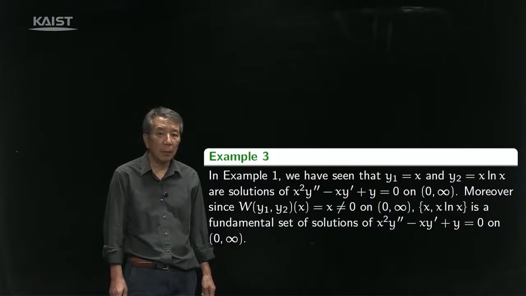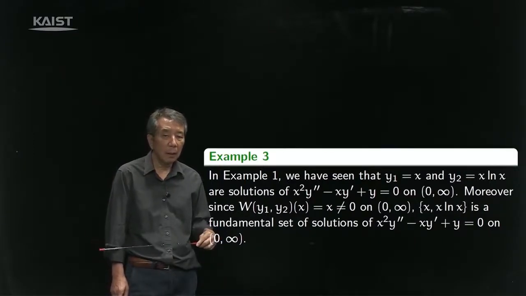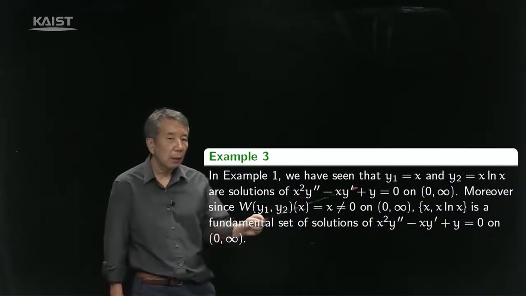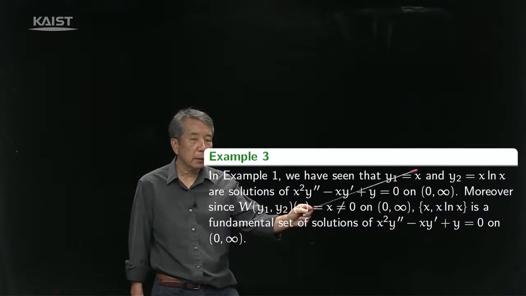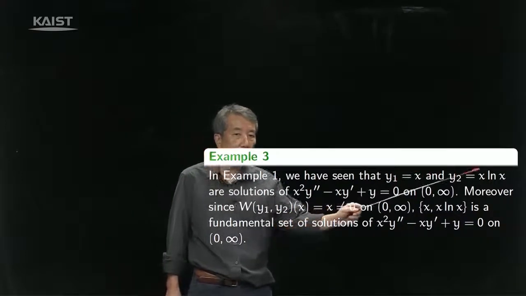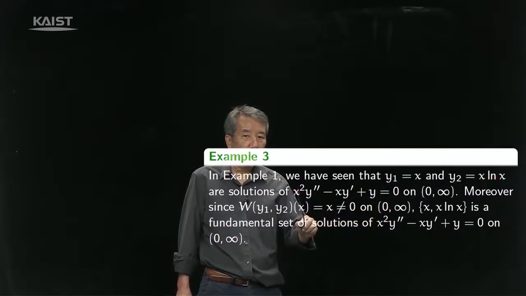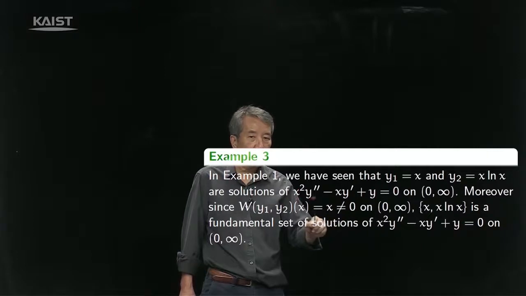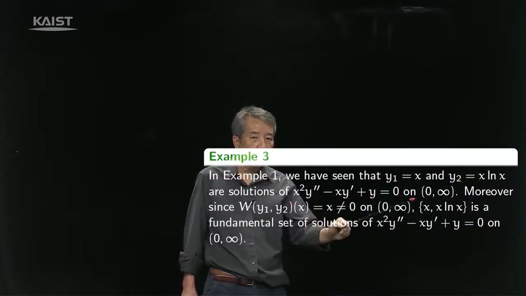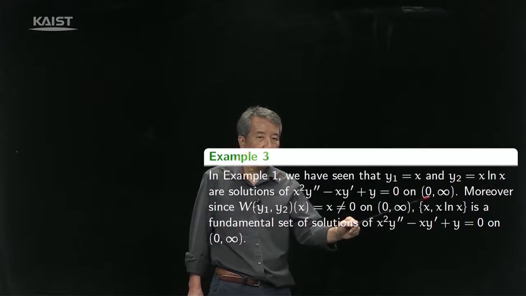For example, in example 1, which we handled before, we have seen that y sub 1 is equal to x, and y sub 2 is equal to x times the log of x. Both of them are solutions of this variable coefficient, linear, second order, homogeneous differential equation on the interval from 0 to infinity.